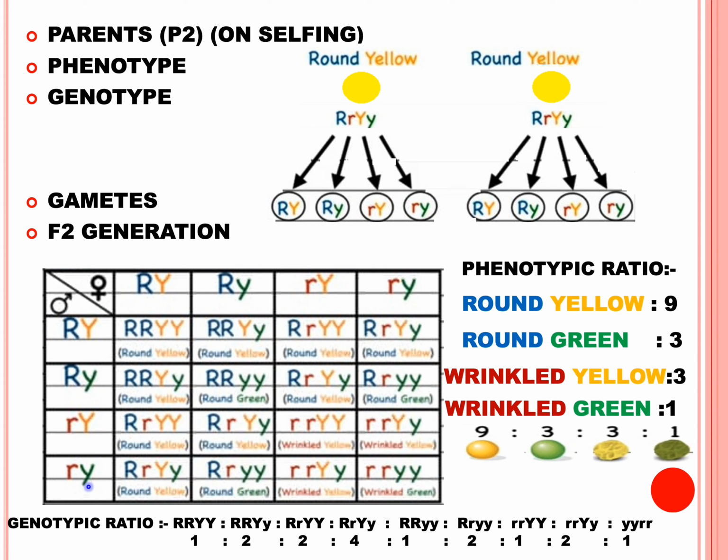And if this small r, small y male gamete fuses with female gamete with genes or alleles capital R and small y, then the genotype would be capital R, small r, small y, and phenotype would be round due to this dominant R and green due to this recessive trait.